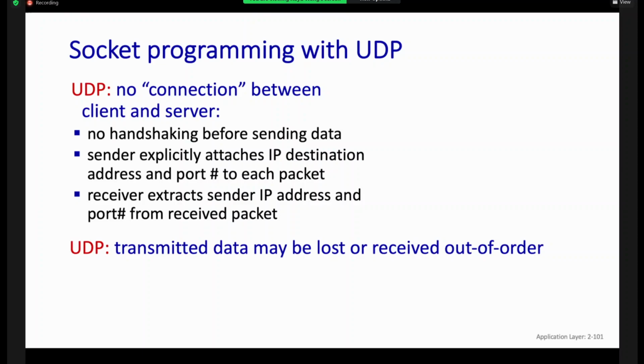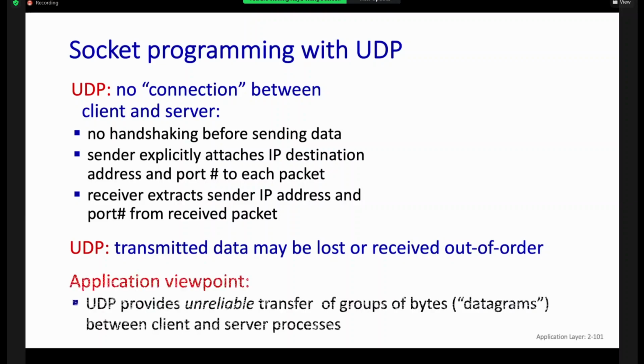UDP also has issues: packets may be lost, and packets may arrive out of order. Generally, UDP provides unreliable transfer of groups of bytes, which we call a datagram.